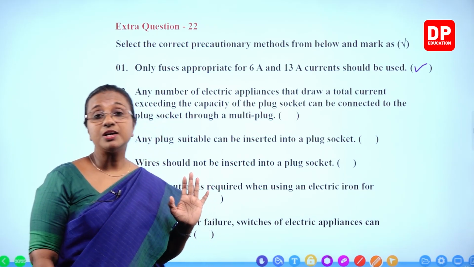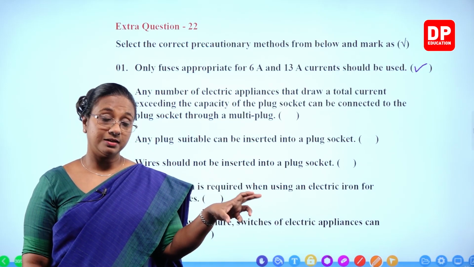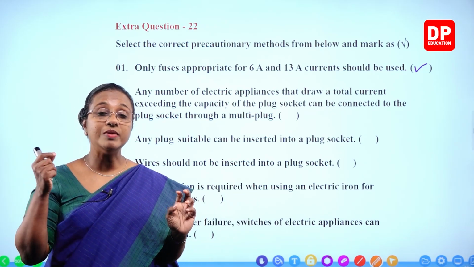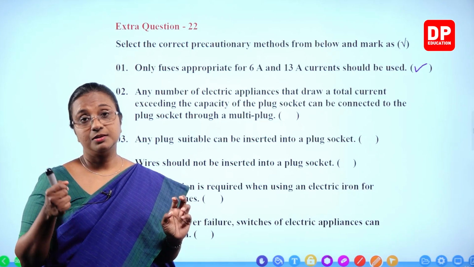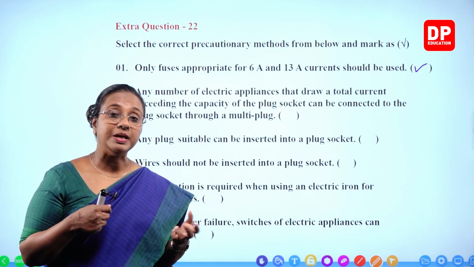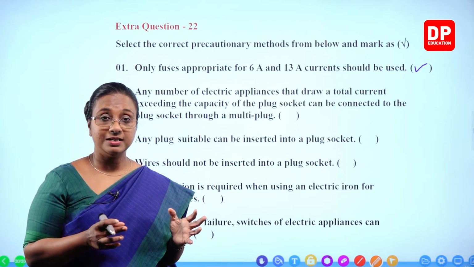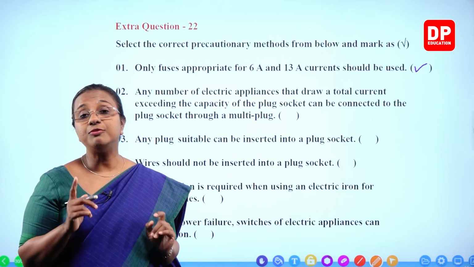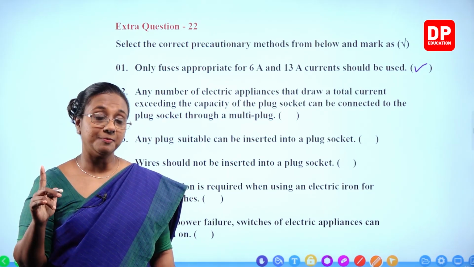Now, you all know the function of a multi-plug, students. You plug that into a plug socket and you will be able to use different types of plug tops. Say a 2-pin or a 3-pin, round pin, square pin, those can be plugged in. But you have to plug in only one electric appliance at a time.